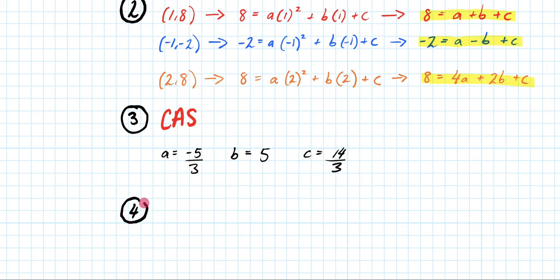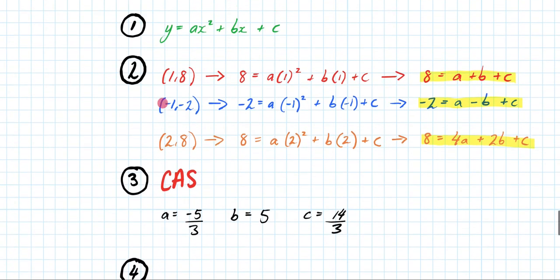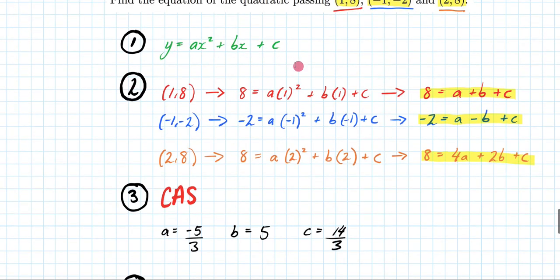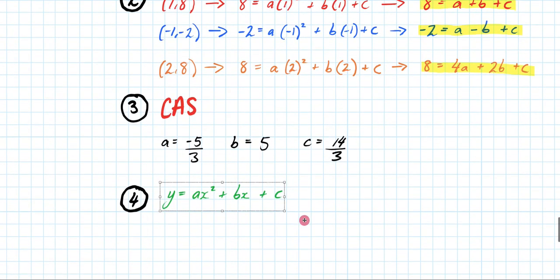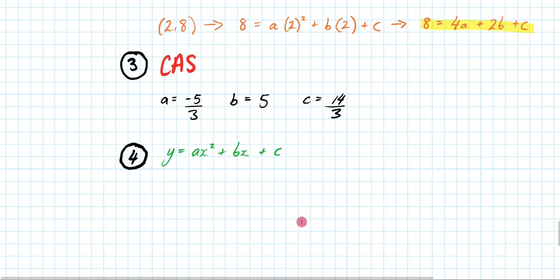My fourth step is simply going to be subbing in a, b, and c into what we originally wrote down, so the form that we're working with. So let me copy it and bring it down. So we know that in my a spot, I'm going to have -5 on 3.